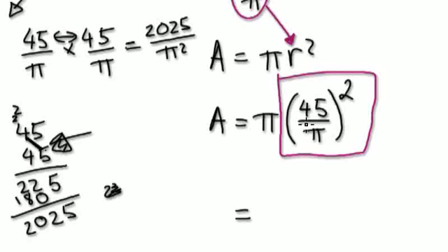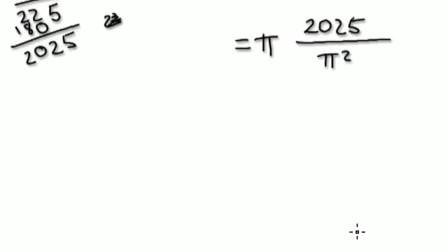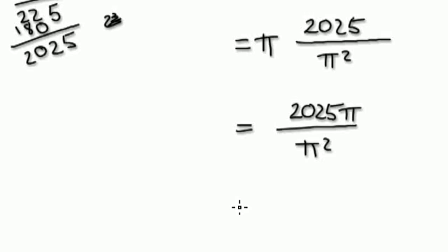So we've just worked out this bit here. Let's put that inside here. So it's pi times 2025 over pi squared. Here we've got pi times a fraction, so it gets multiplied to the top. So this would be 2025 pi over pi squared. I'm going to separate the pi's here.